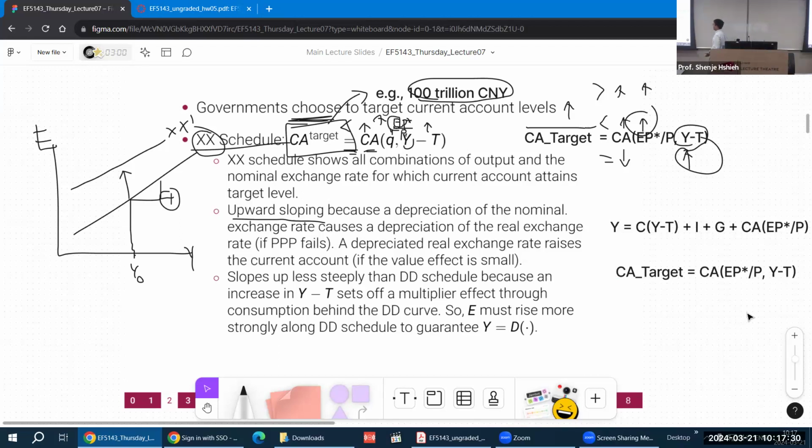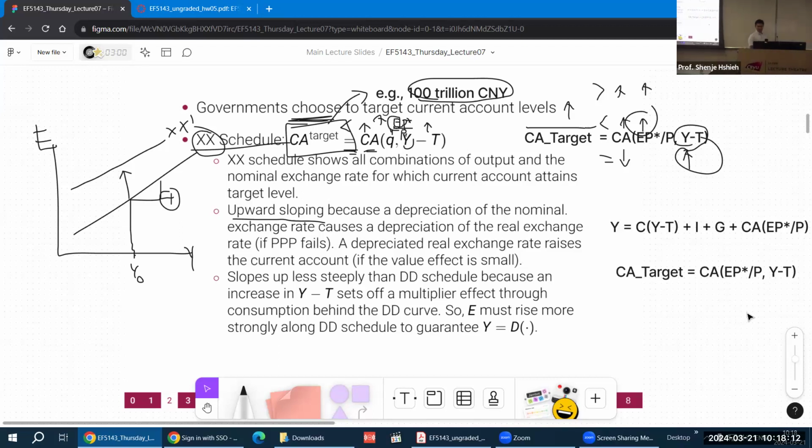Our goal is to figure out if the current account target equation is steeper or flatter. That's what we want to figure out. So let's do the following thought experiment. We want to increase Y and we want to increase E. So we're going to increase E and see what has to change in Y, and see how much Y changes, to see what happens to this schedule here and compare it to this schedule here.